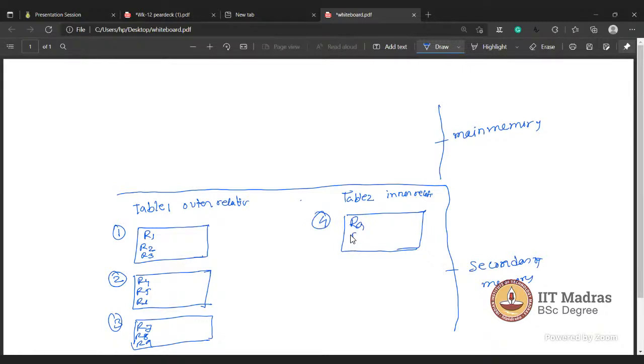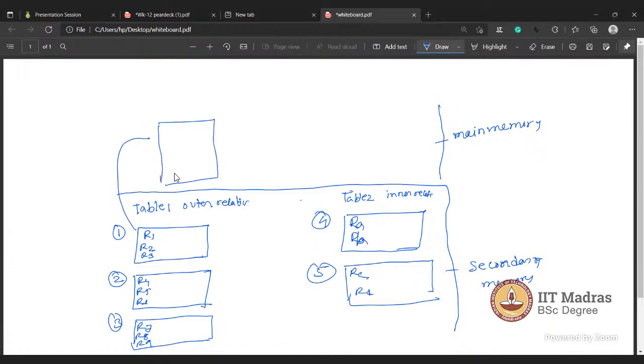Let's suppose 2 records, RA and RB, and then RC and RD, and name it 5. Suppose, since it is a nested loop, the first block of table 1 goes to main memory with R1, R2, R3, and the first block of table 2 goes into main memory.